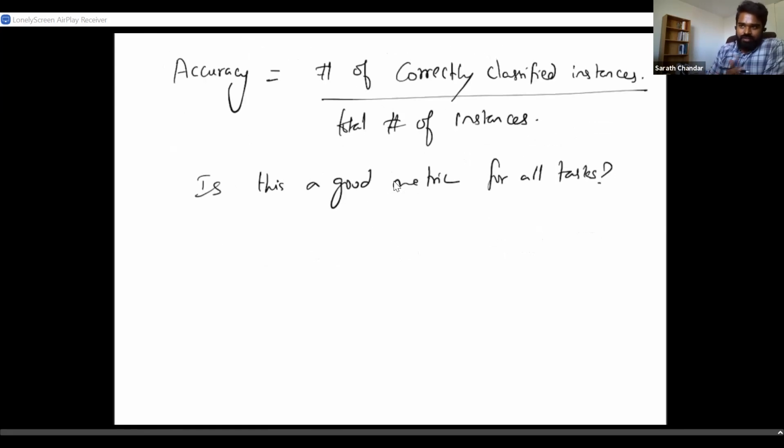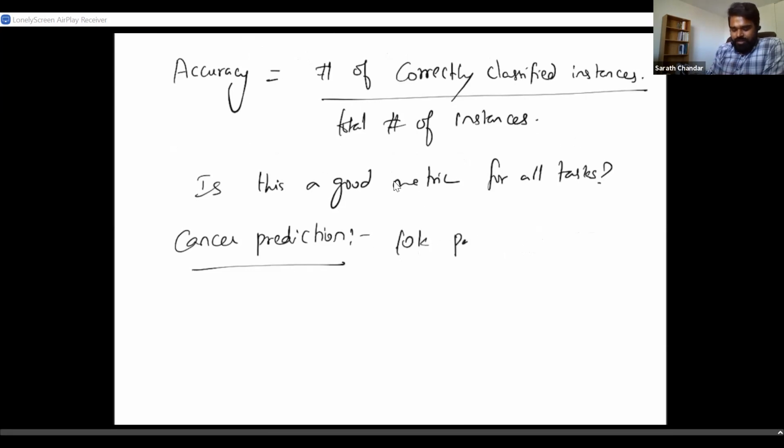We are going to consider the problem of cancer prediction. Given a patient record, we are interested in predicting whether the patient has cancer or not. Let's say we have 10,000 patient records.